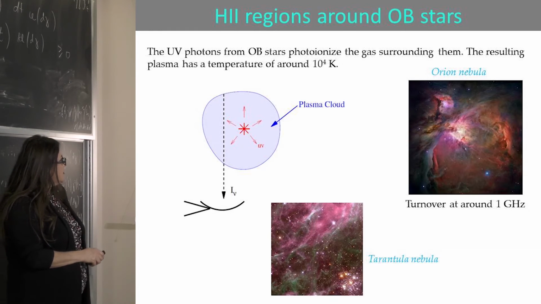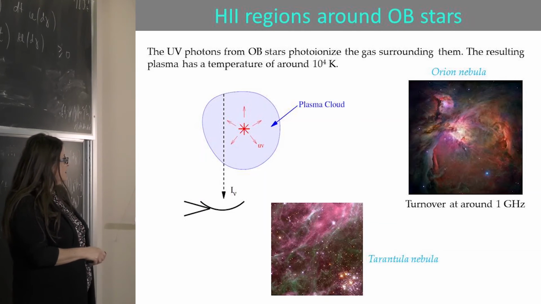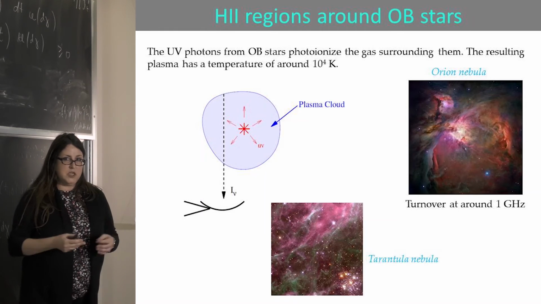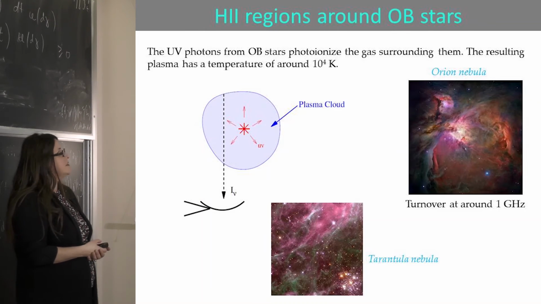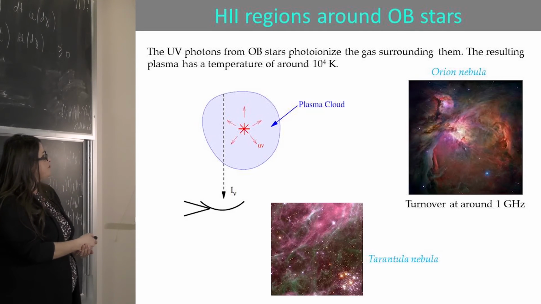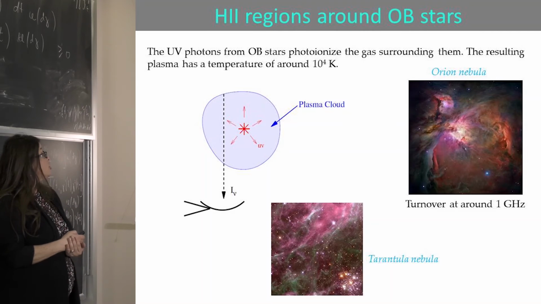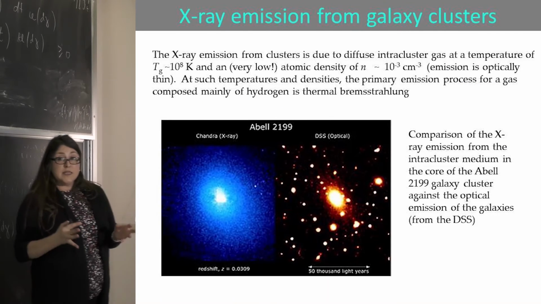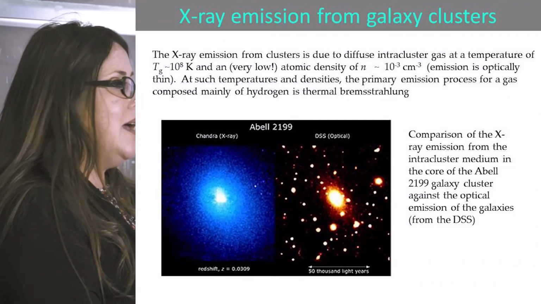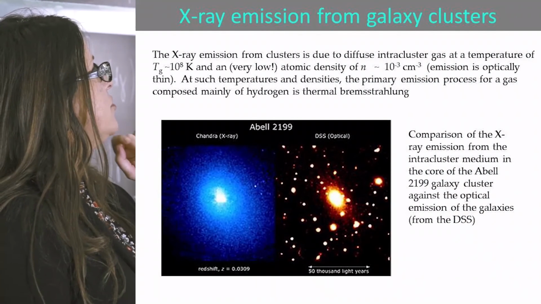For example, you see this Bremsstrahlung emission in the Orion Nebula, where you have a region of forming stars, or in the Tarantula Nebula. You have the formation of these big OB stars, which are able to ionize all the gas around, which will be emitting Bremsstrahlung radiation. Also in galaxy clusters, you have intra-cluster gas, which has now a higher temperature than H2 regions.